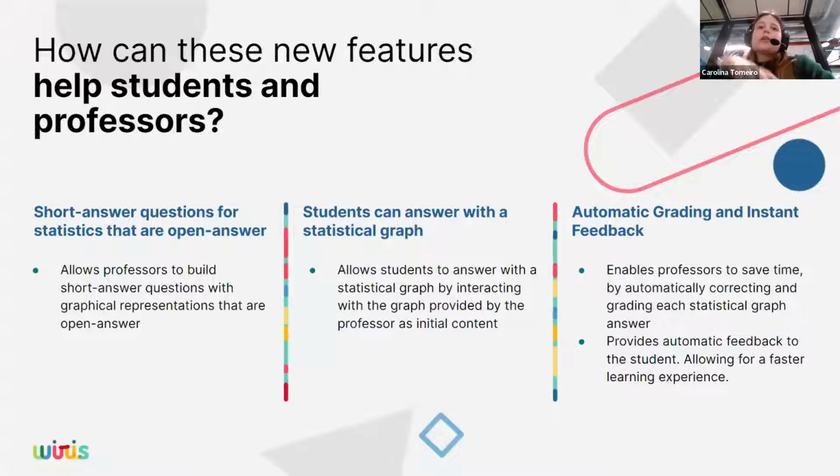In this case, the graphs are dynamic and the student can play with the graphs and reply as an open answer to statistical questions based on bar charts, pie charts, and line charts. And finally, we also wanted these graphs to provide what WirisQuizzes always provides, so automatic grading and instant feedback. If you're using these three specific graphs, we guarantee that you will be able to have automatic grading and instant feedback even for graphical statistics.